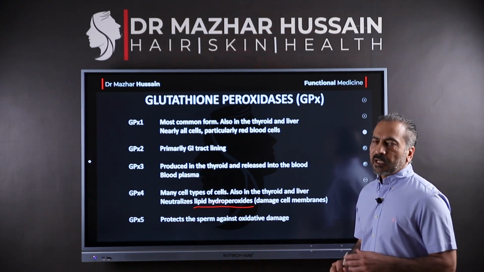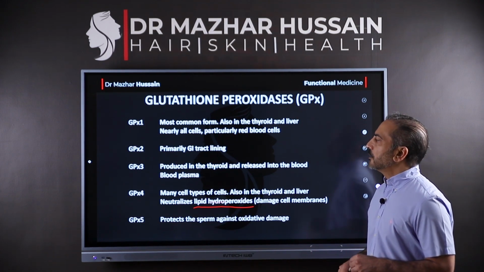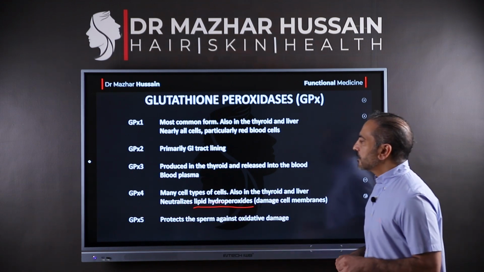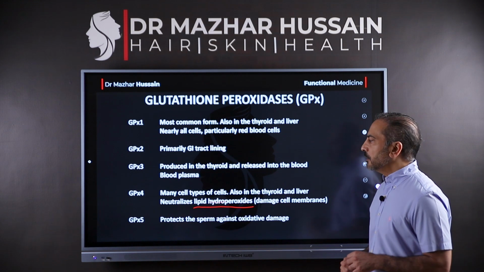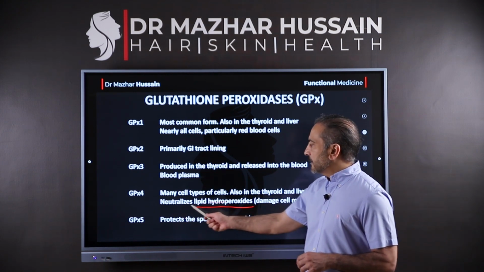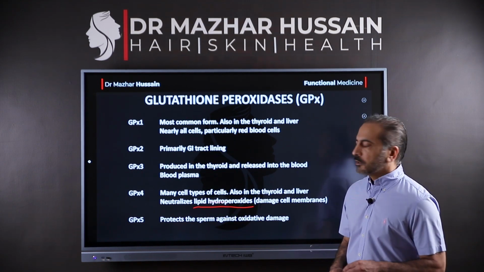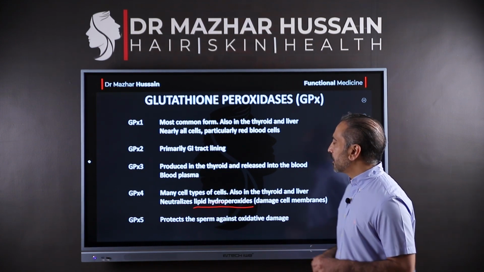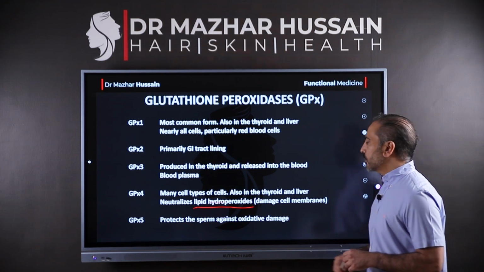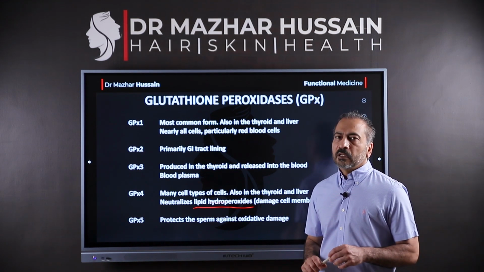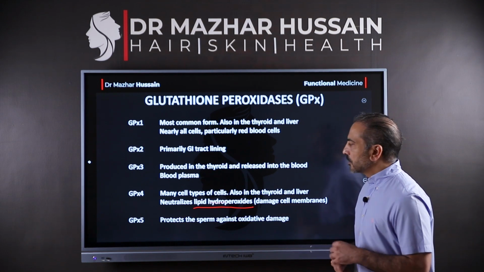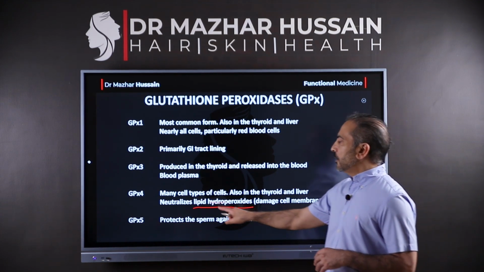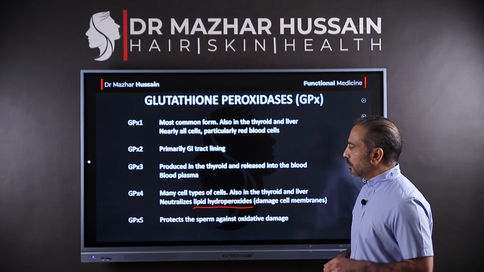GPX3 is produced in the thyroid and released into the bloodstream, and it's found in blood plasma. GPX4 is found in many cell types, including the thyroid and the liver. It neutralizes lipid hydroperoxide, which is important because it can damage the cell membrane, and all cells have a cell membrane, so we don't want lipid peroxide to be too high.